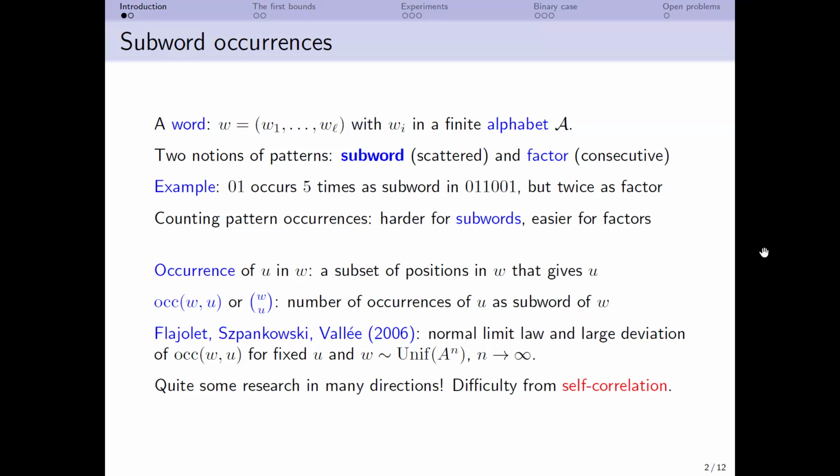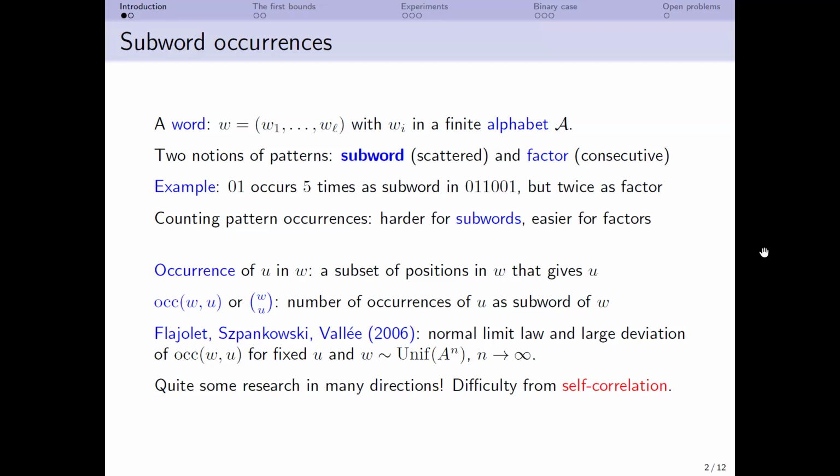And that's very nice. In some sense, it's something that we should expect because when we look at two different occurrences, they probably don't interfere much with each other. So we should expect some kind of normal distribution. But the analysis is not that easy, because when we have an occurrence, in fact we fix some of the letters in the word.